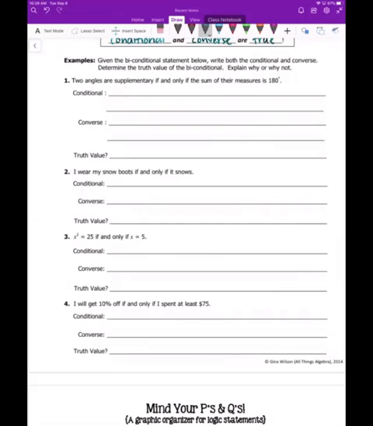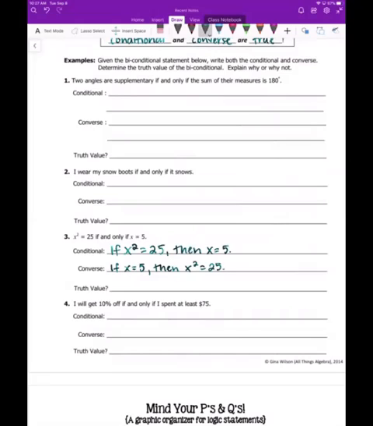So our conditional statement is if x squared equals 25, then x equals 5. All right, let's look at our converse statement. If x equals 5, then x squared equals 25.